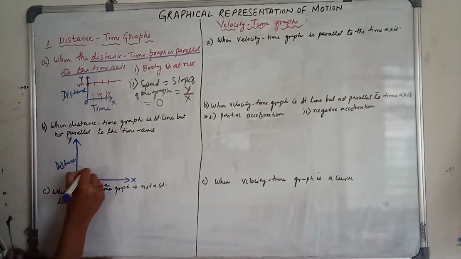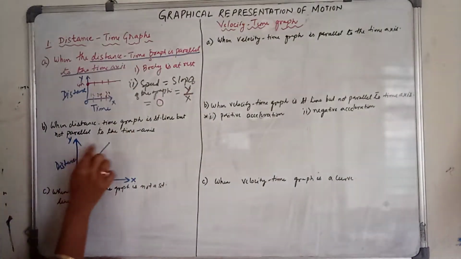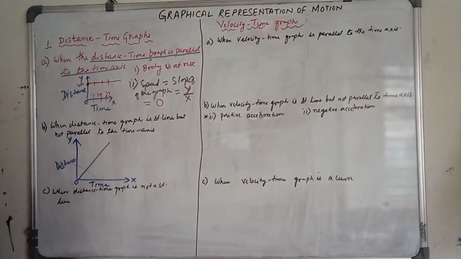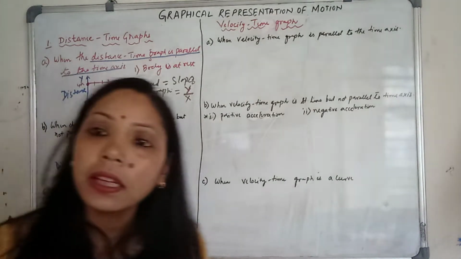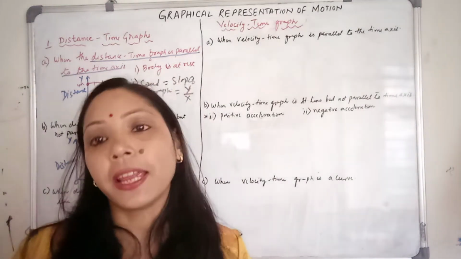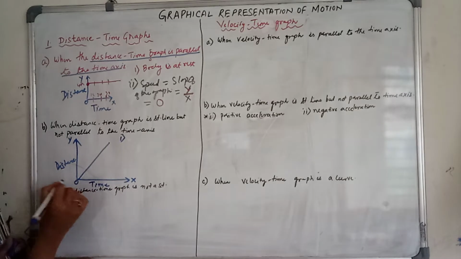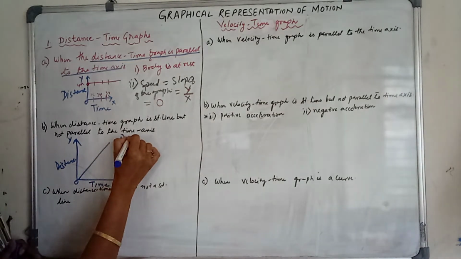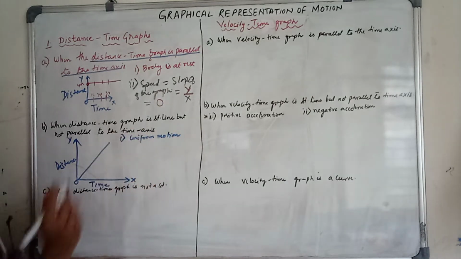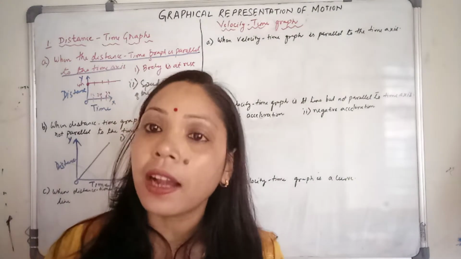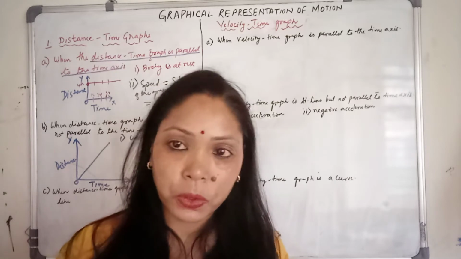Now here it is a straight line but not parallel to the time axis. This is also a straight line but not parallel to the time axis. So if you get this type of graph, the first conclusion is that this is uniform motion. If the graph is a straight line, then that always represents uniform motion.